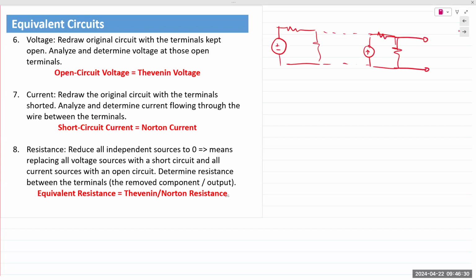Once you have your open terminals, you find the open circuit voltage at the output terminals, and that open circuit voltage will be your Thevenin voltage, VTH.